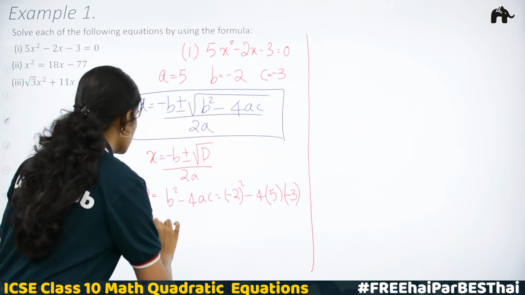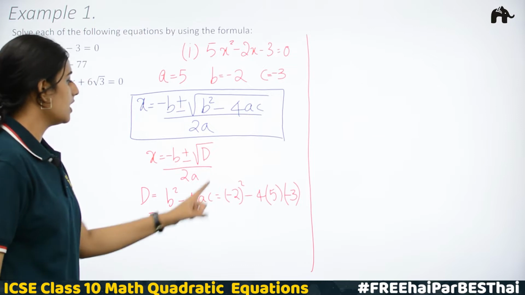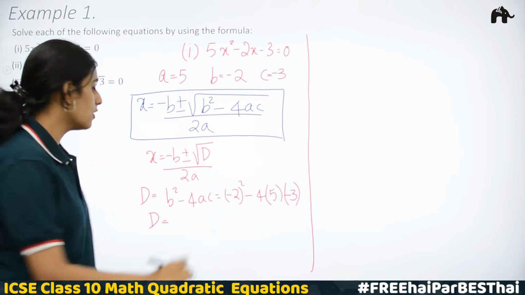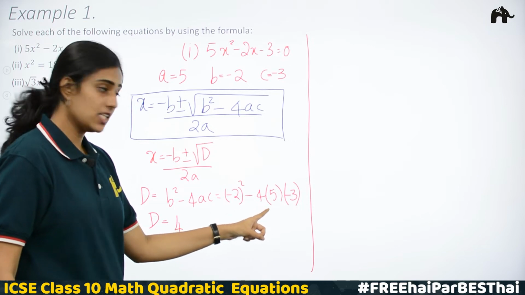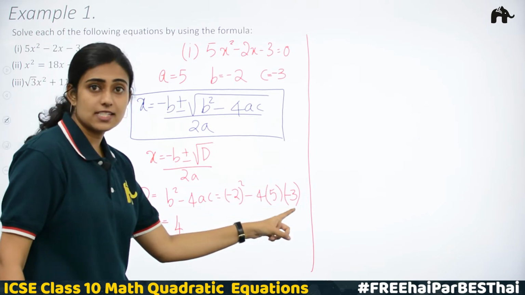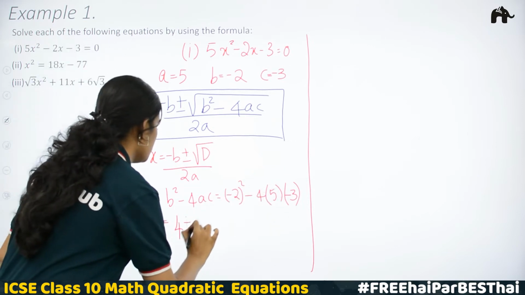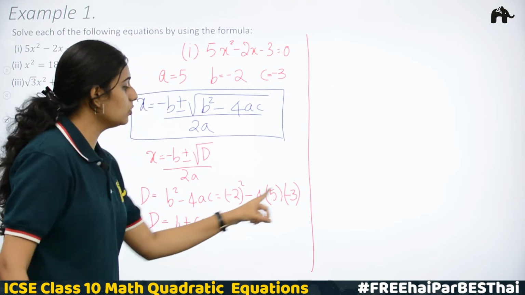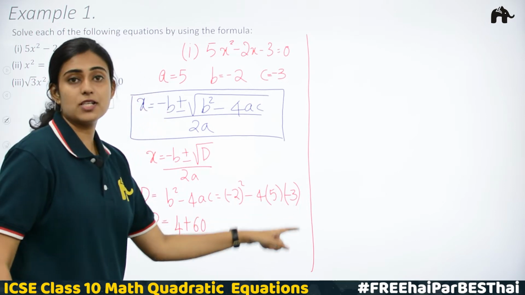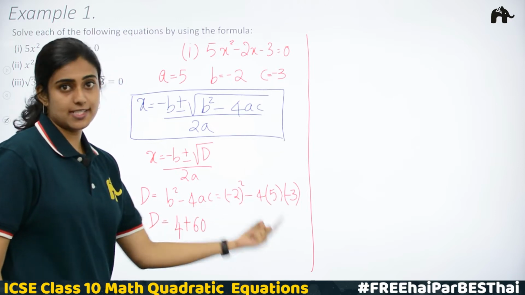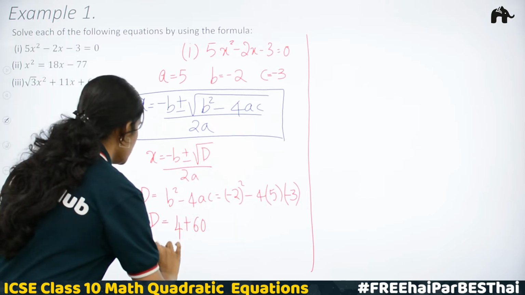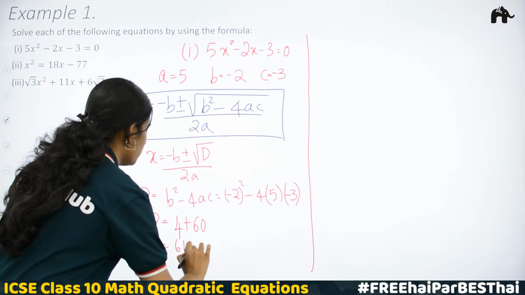So discriminant is equal to minus 2 square is 4, minus 4 into 5, minus 20, minus 20 into minus 3, plus 60. Here we have two negative numbers. Multiplying two negative numbers, you will be getting positive. And this is again a positive number. Positive into positive is positive. We got discriminant is equal to 64.